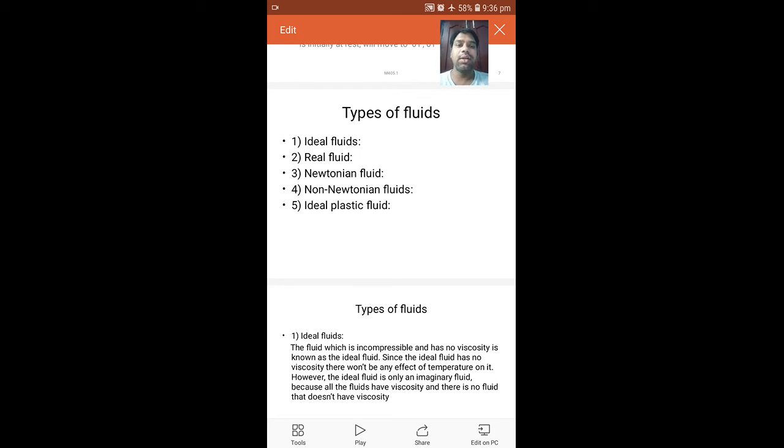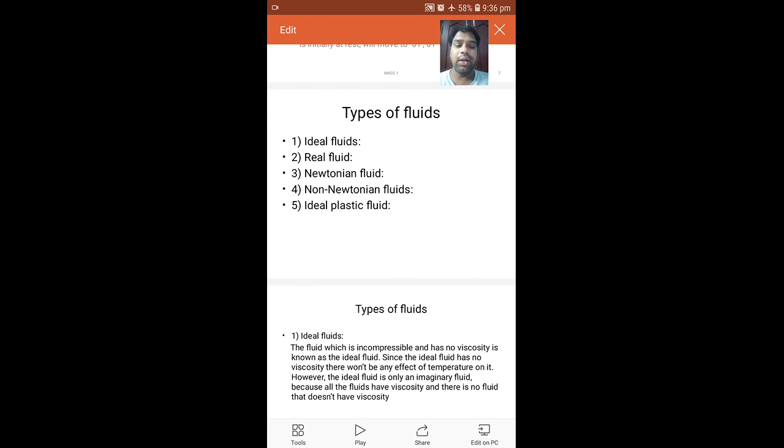Ideal fluids are imaginary fluids, not real fluids. What is real fluid? Real fluids are those existing in nature, and they will have a certain viscosity.